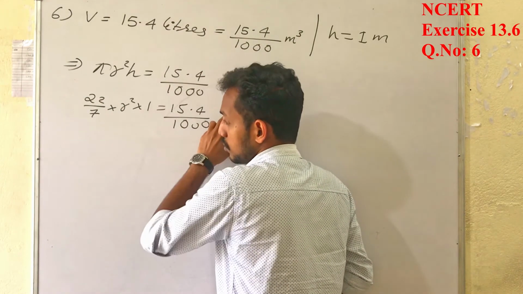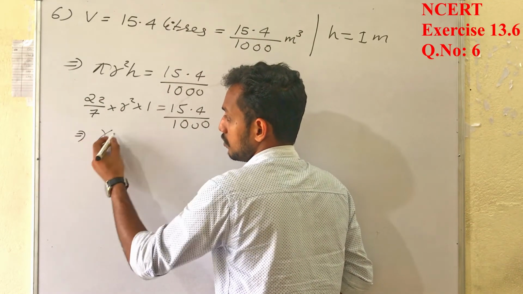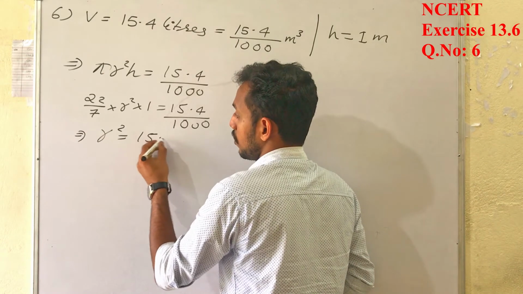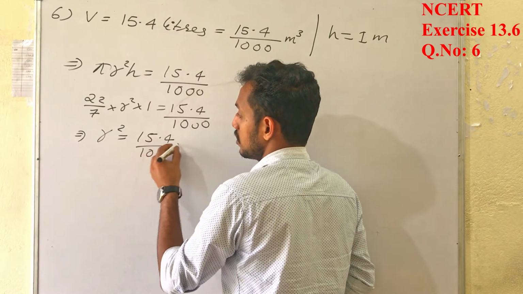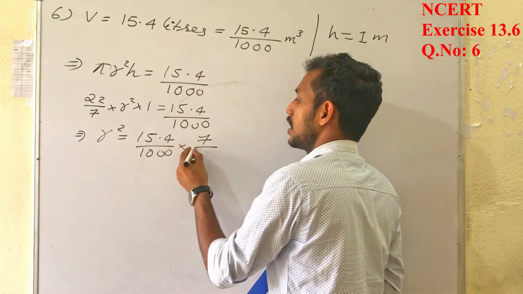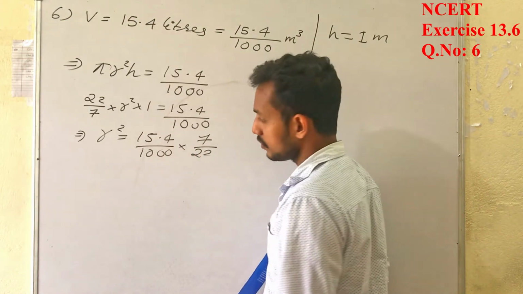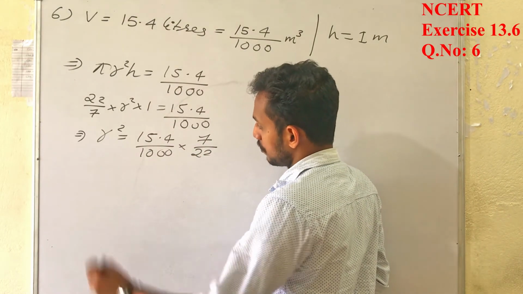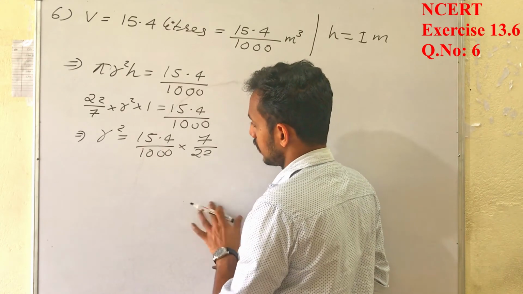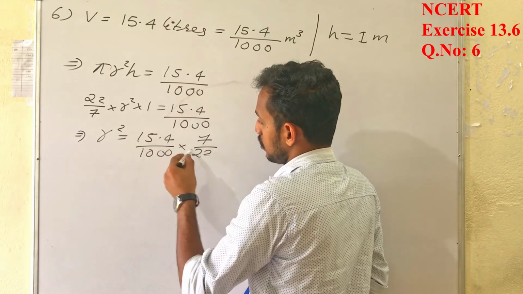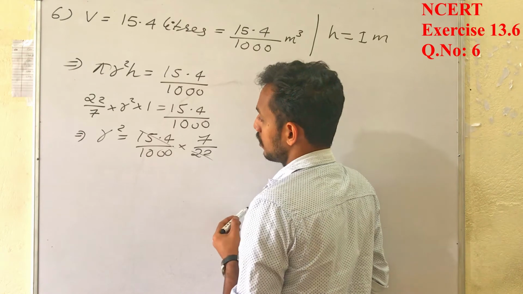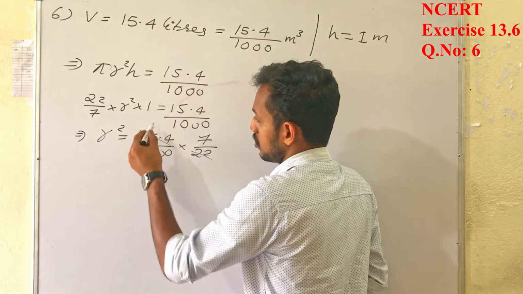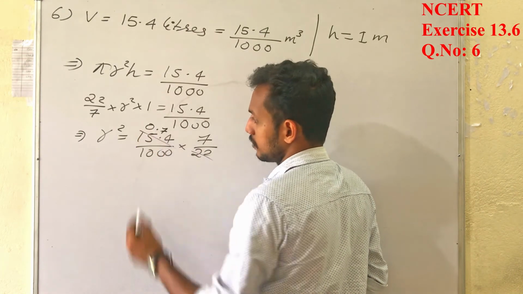Again take this whole term to the right side, so we will get r square. Implies r square is equal to 15.4 divided by 1000 into 7 by 22. Then calculate it. What will we get here? 0.7.